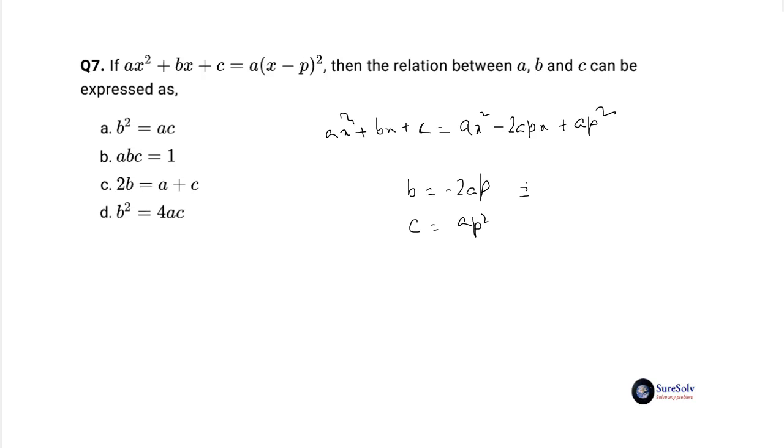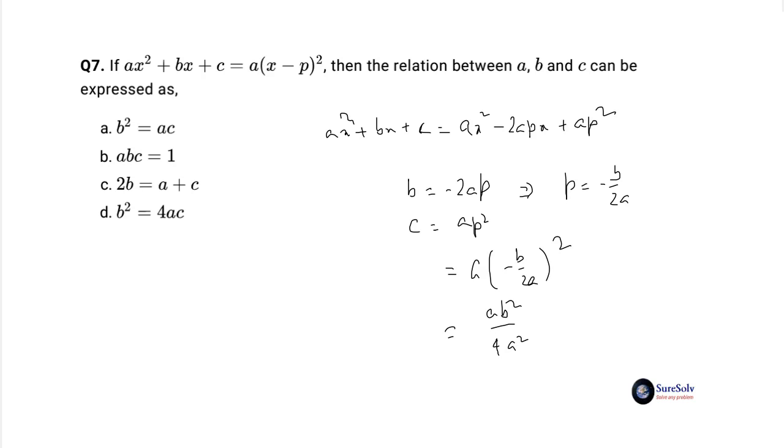From the first equation, we get p equal to minus b by 2a. Substituting the value of p in the second equation, we get c equal to a into minus b by 2a whole square equal to ab square by 4a square.